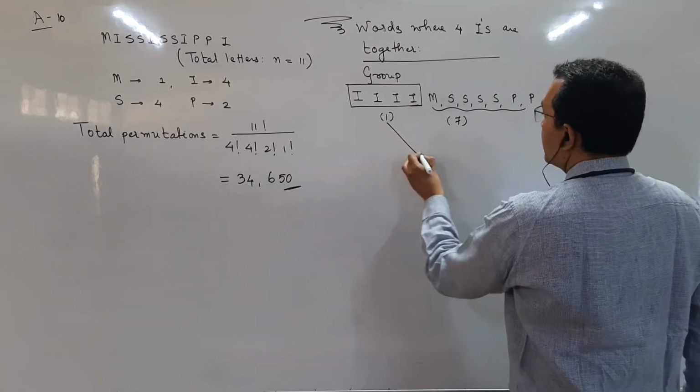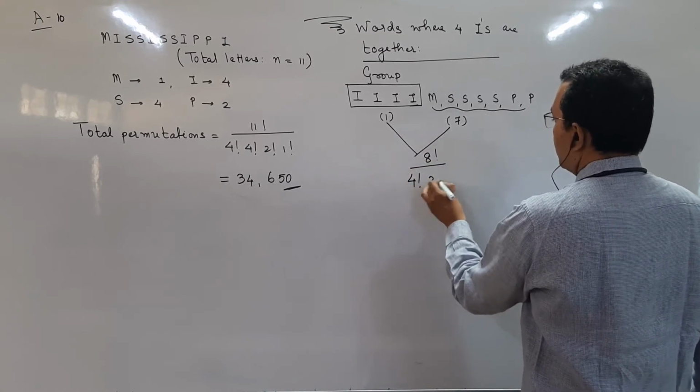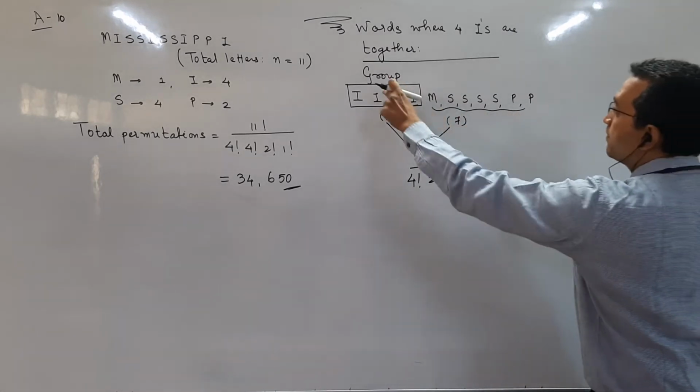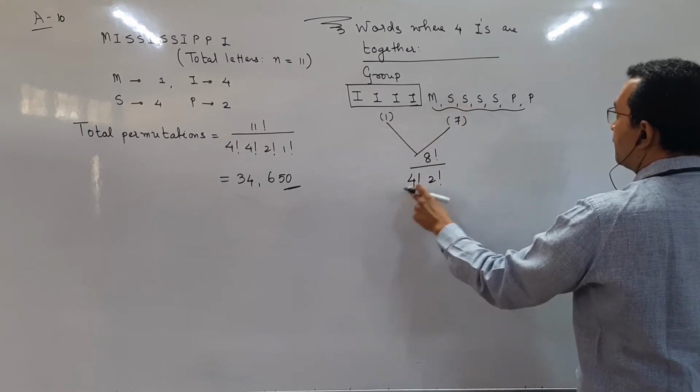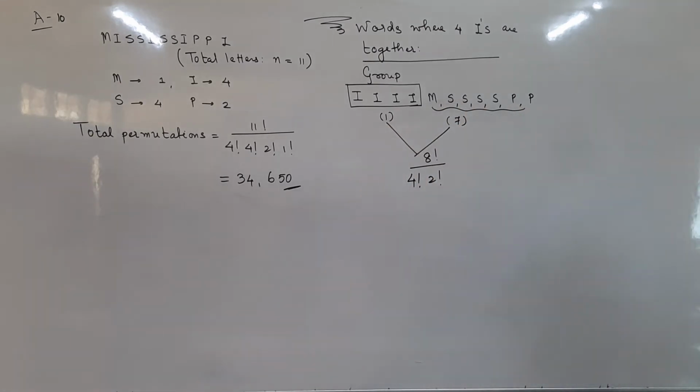So these 8 letters can be arranged in 8 factorial divided by 4 factorial into 2 factorial. Why? Because in this 7 plus 1, which is considered as only one letter, S is repeated 4 times and P is repeated twice. This, students, you very carefully understand and monitor.